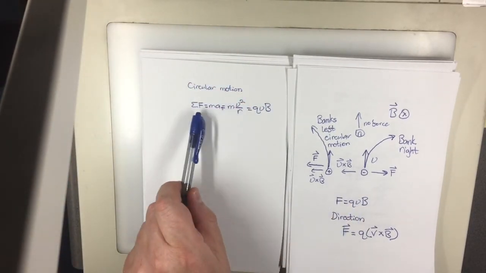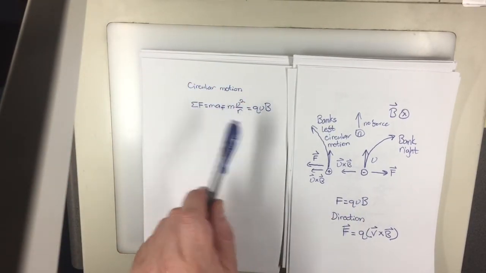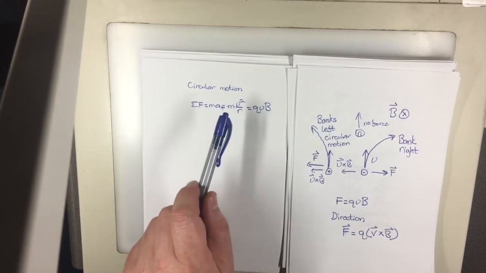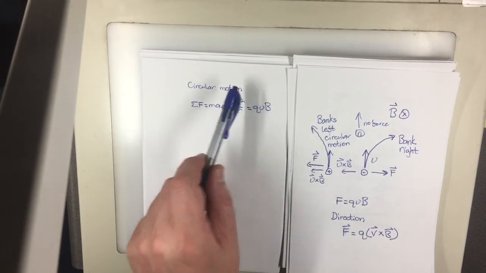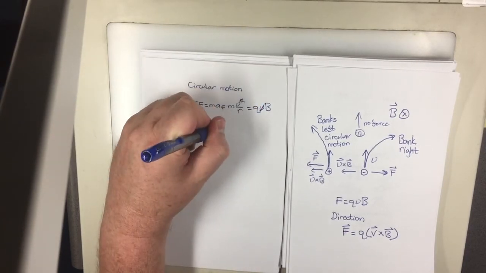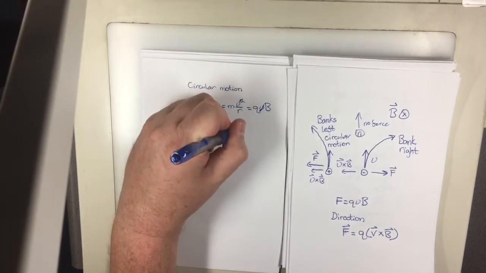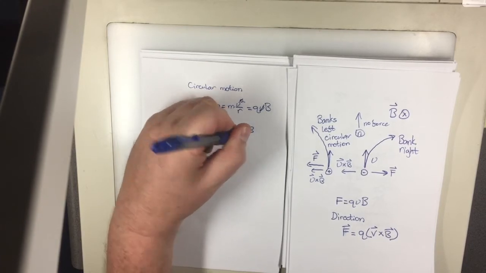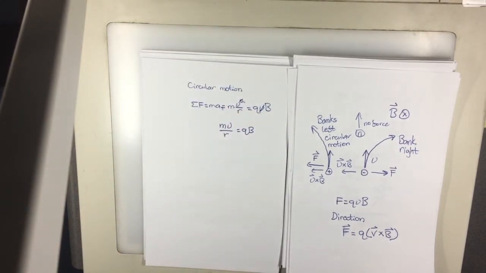That force is one of the forces, and the forces have to sum up to ma or mv squared over r. One of the v's cancels, and you're left with mv over r is equal to qb. And this is an equation that we're going to use in many different ways, and we're going to do that tomorrow. So, this is the last thing for sure, promise.